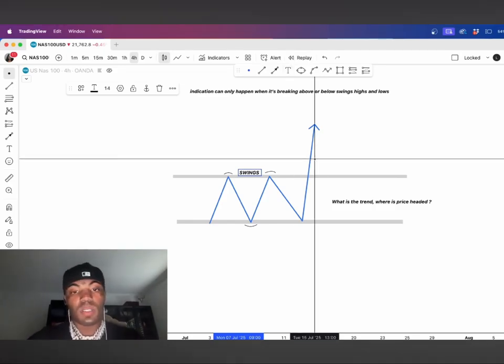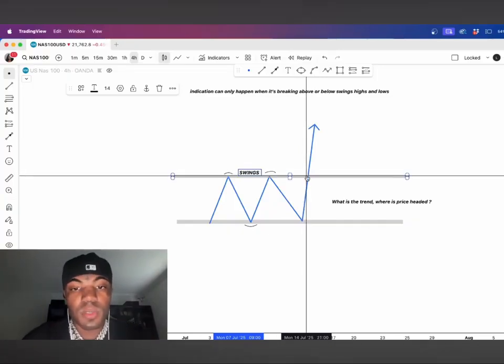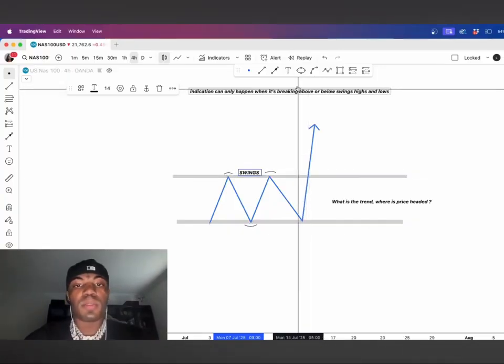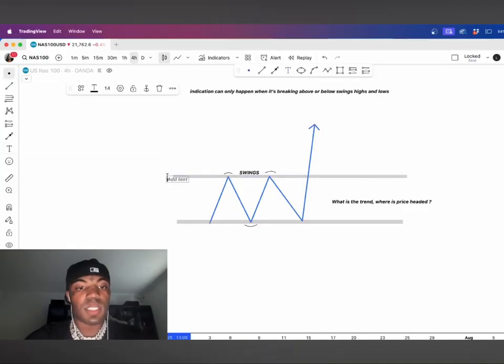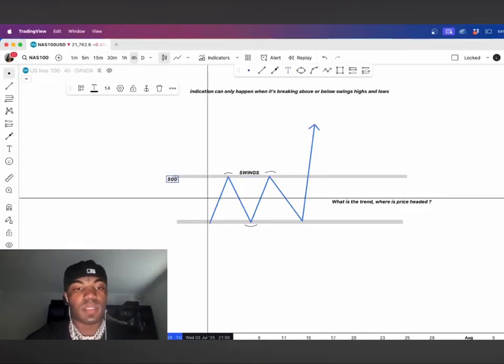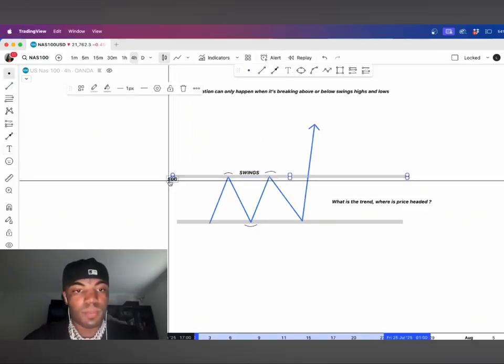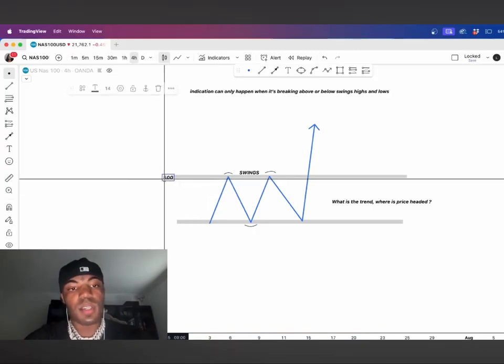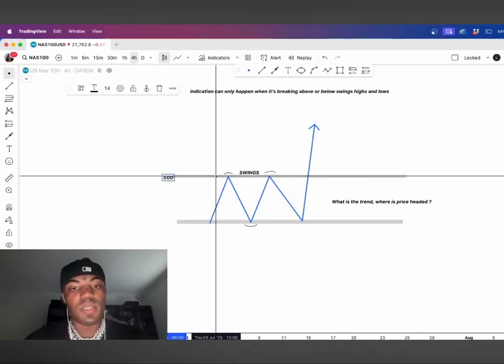This also shows at a certain price point. Let's say this gray area is 500.